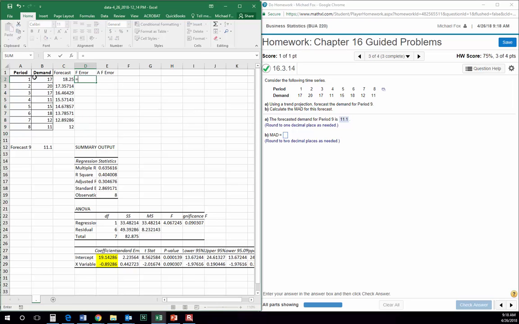Our forecasting error is our actual demand minus our forecast, and our absolute is our absolute value of the forecasting error. Oops, I didn't put an equals.